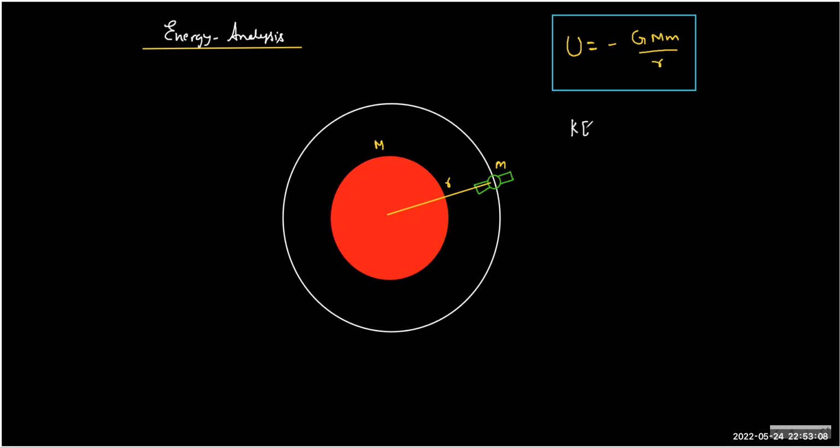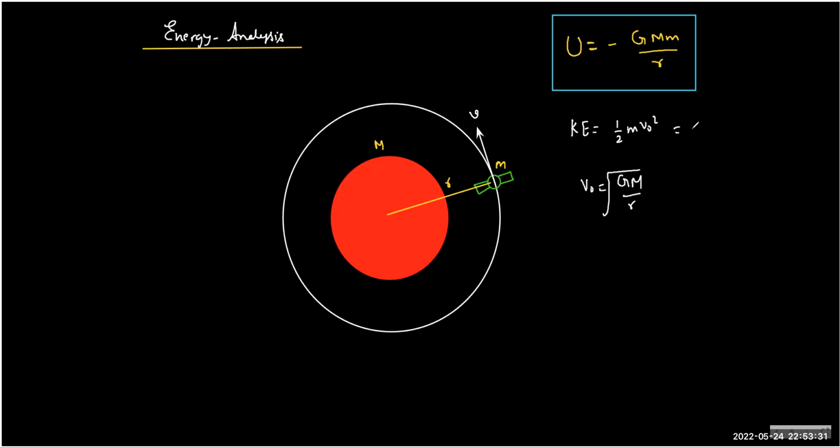And then comes the kinetic energy. Now every orbit will demand some velocity, so you cannot move just like that. You should have some fixed velocity to be part of this orbit, and we know that this is half m v orbital square, and v orbital we found by the force relation as root of GM by r.